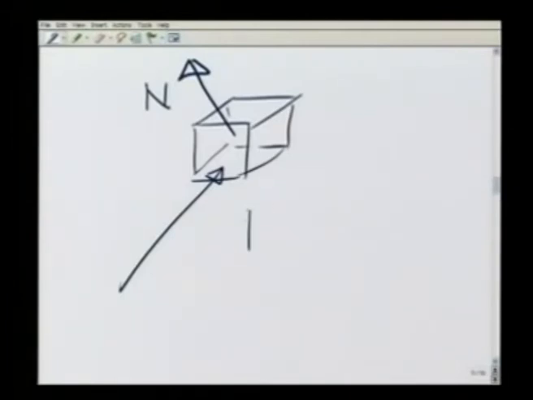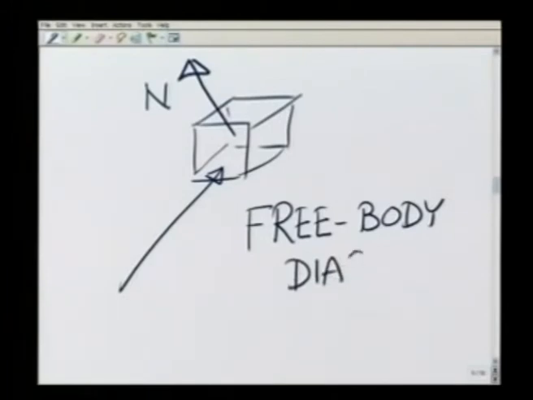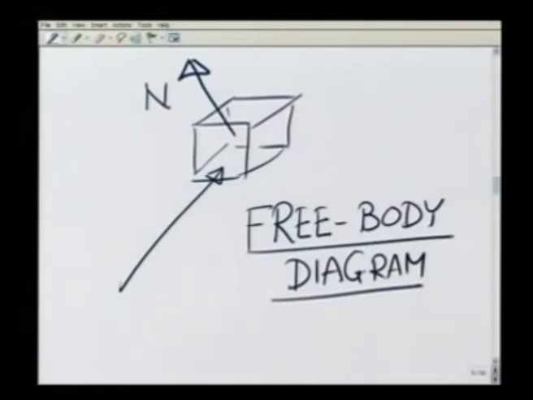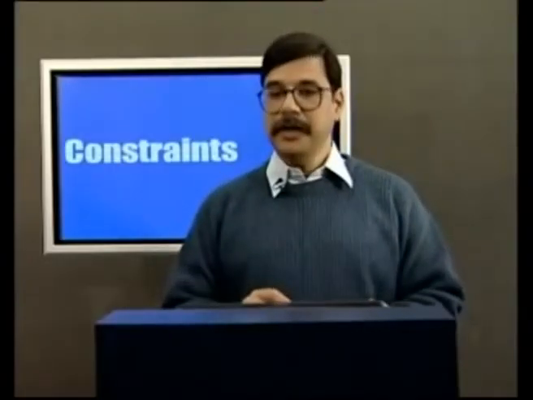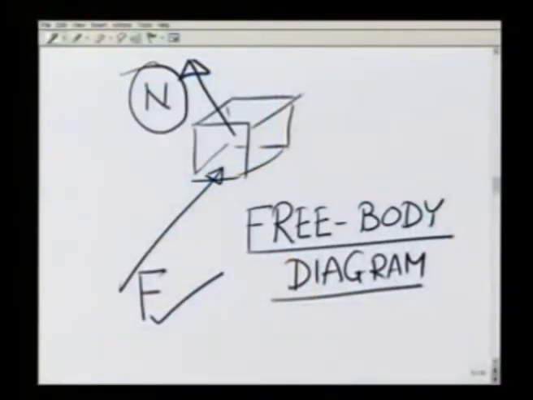This is known as the free body diagram of a particle or a body under motion. So what do we mean by free body diagram? By that I mean I'll draw the body by itself, nothing else, and represent all the forces applied externally or applied by the constraints on it, and that I'll call the free body diagram. Let us see how I write the equations of motion for this body.